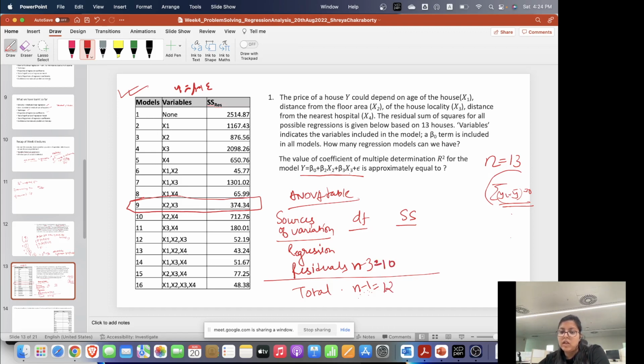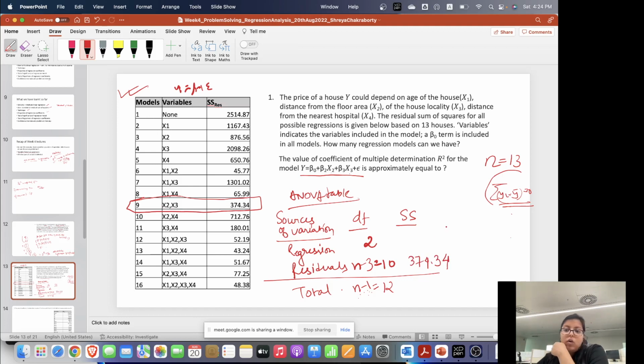And due to the additivity property, the regression df would be 2. Now from this table we have the residual sum of squares as 274.34 when we are fitting x2 and x3. So this one would be 374.34.